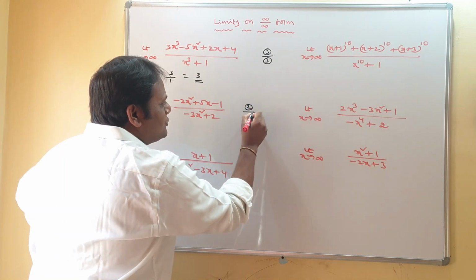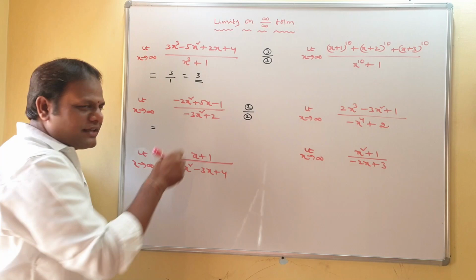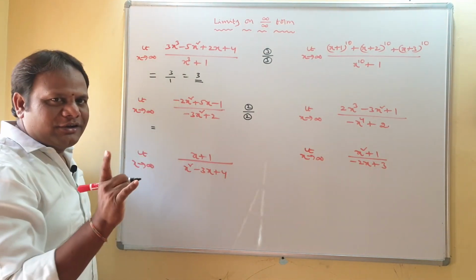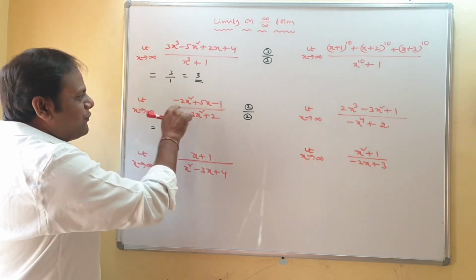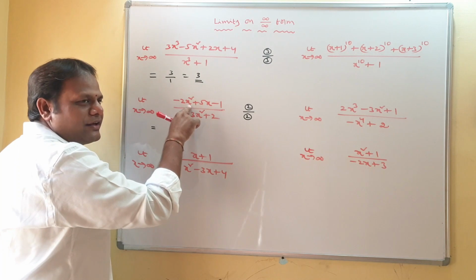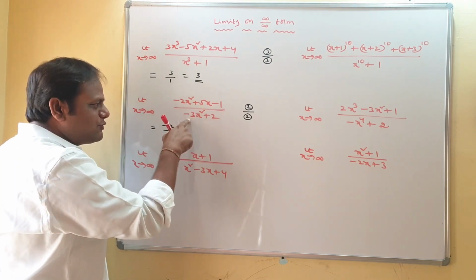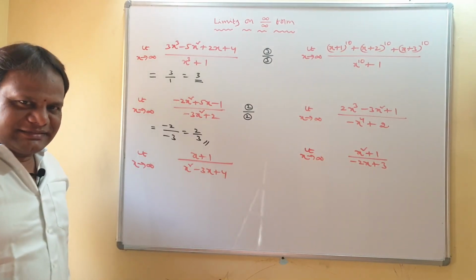Yes, it is 2. What about the highest power of the denominator? It is also 2. Are they equal? Yes, they are equal. So if they are equal, the answer is the ratio of their coefficients. What is the highest term? X square. Its coefficient minus 2. What is highest? X square. Its coefficient minus 3. What is the answer? 2 by 3.